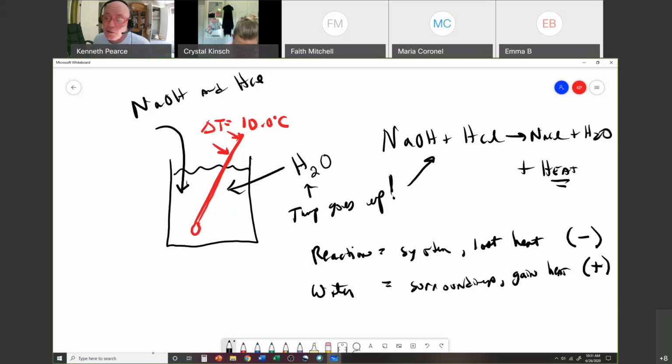And so the sign of the energy, when we talk about the energy coming out of the reaction, is so many joules, but negative joules, because the reaction had to lose heat into the surrounding water. And if the water has to gain heat from the reaction, as one gains, the other loses. Okay, so it's very important that we keep track of these systems.